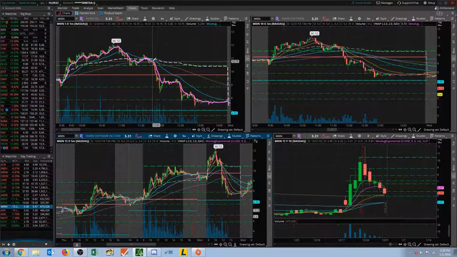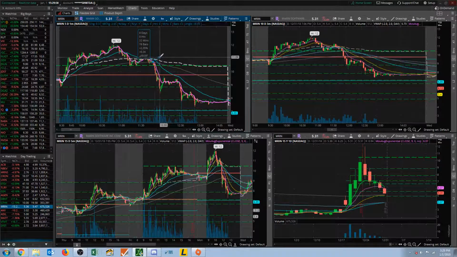So say you get right here, if you get in a little bit early, you can get in here. You could risk right above that point. So you risk 66 cents just to be safe, maybe $68, whatever cents.